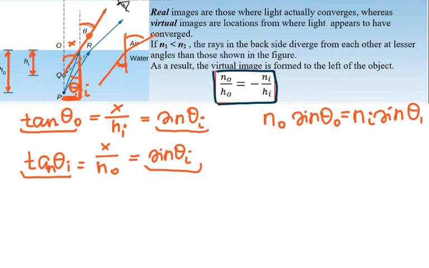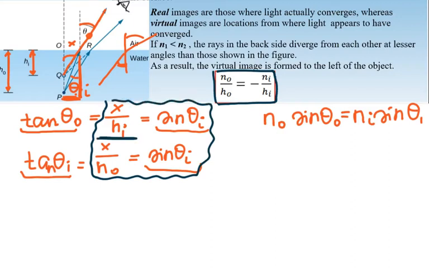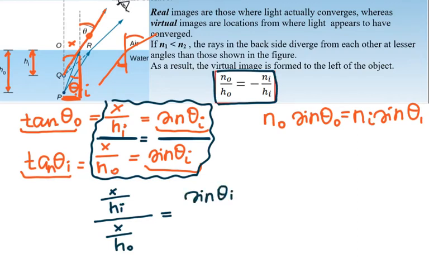So I can say that, let me do it this way. If I look at this part, I can write this is equal to that over that. So I can say X over H incident divided by X over H o is equal to sine theta I over sine theta o.